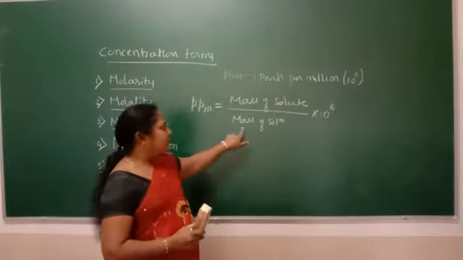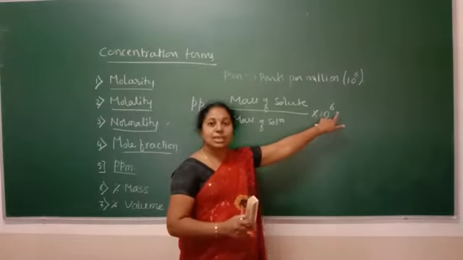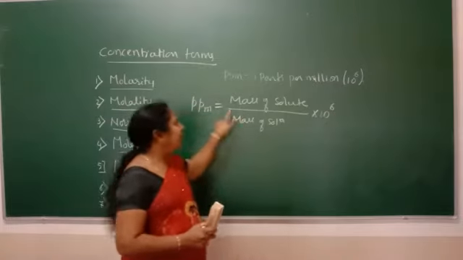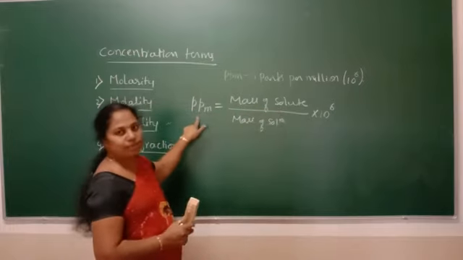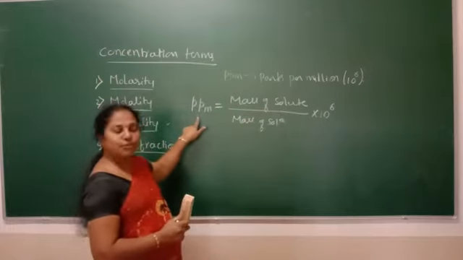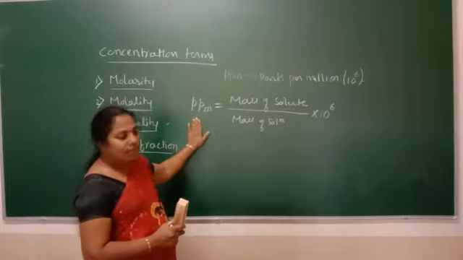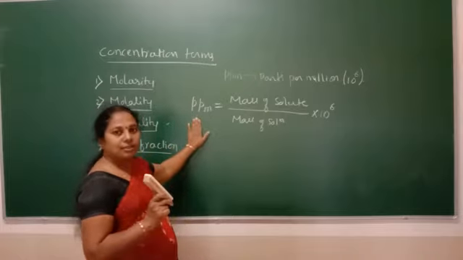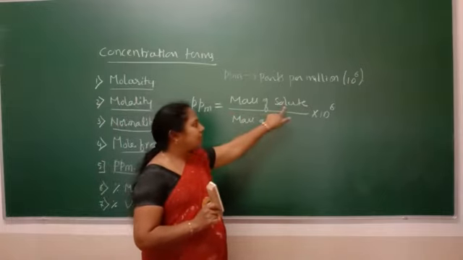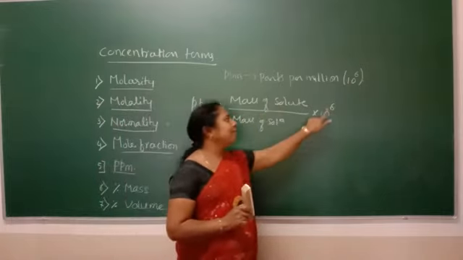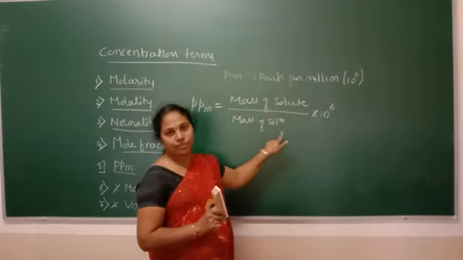That means in 10 power 6 grams of solution, what is the mass of solute present? That is to be expressed in terms of ppm. So how can we define ppm? ppm can be defined as the number of parts by mass of solute dissolved in 10 power 6 parts by mass of solution.